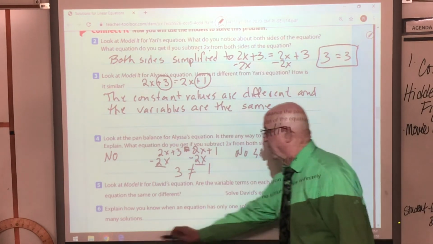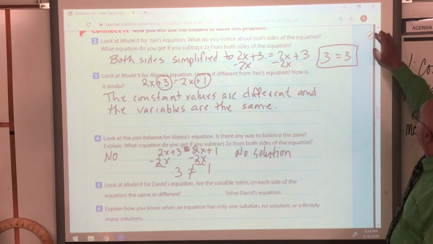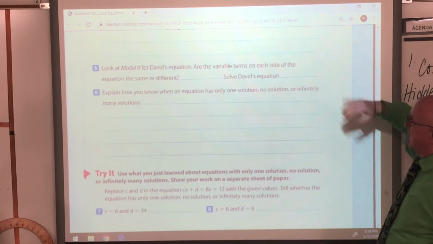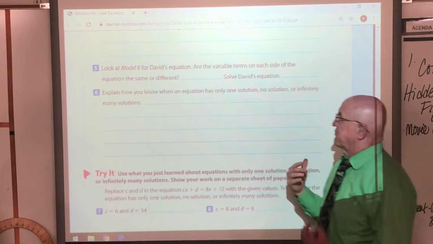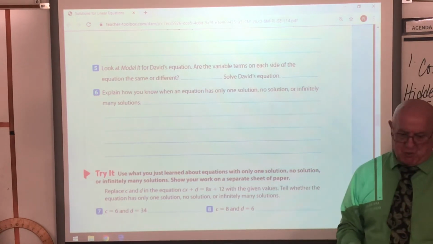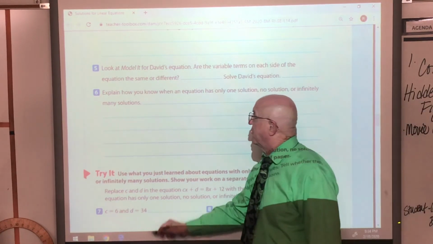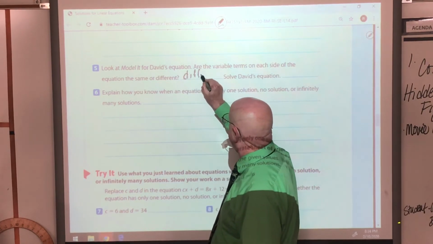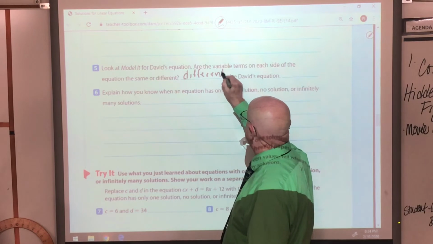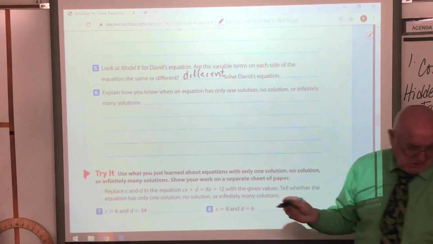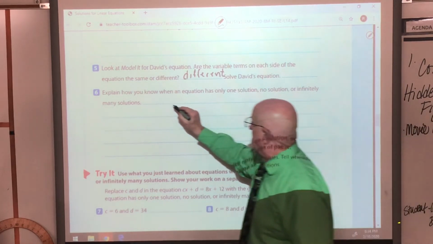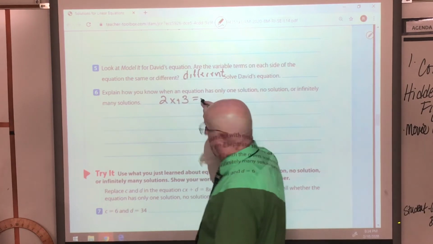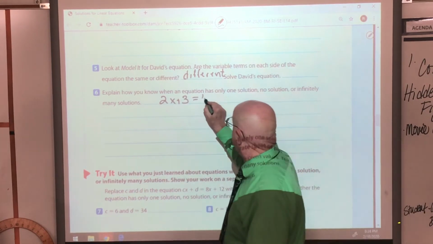All right, so we're going to move this up, and we're going to have to erase this to do so. So let's look at David's equation. Are the variable terms on each side of the equation the same or different? Well, we saw that the variables were different. And if we solve David's equation, we got down to 2x plus 3 equals 4 plus x.